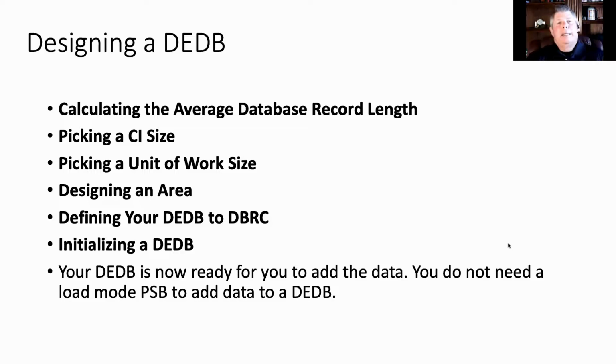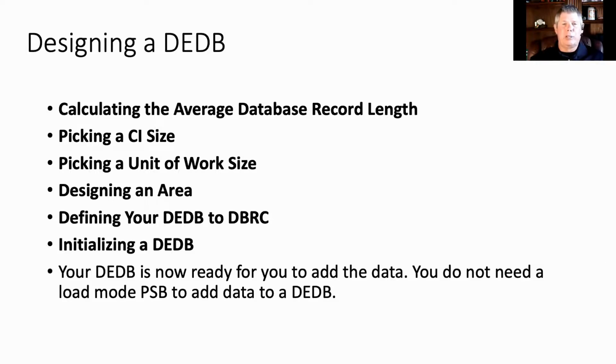So designing a fast path database, once you've decided to do it, you need to decide what your segment distribution will be. This is important because it helps you calculate the average database record length. And this in turn helps you decide two things that you can't easily change once you create a FastPath database: your control interval size and your unit of work size.